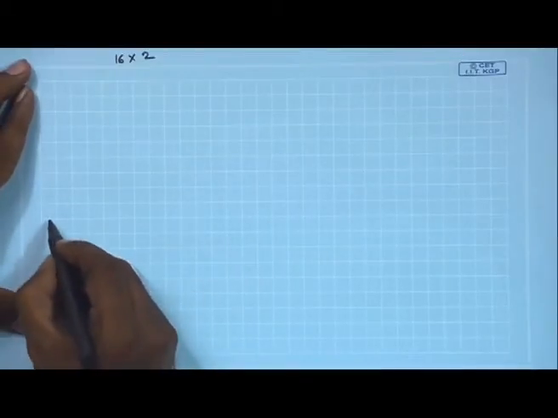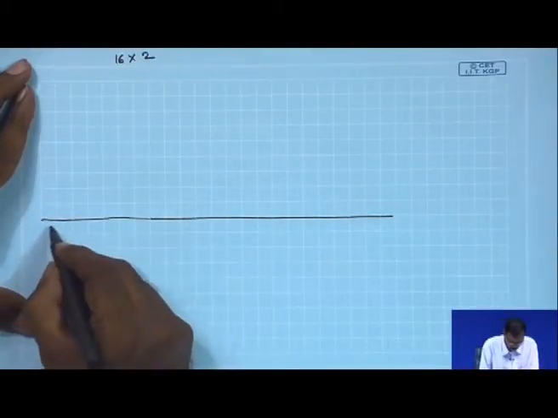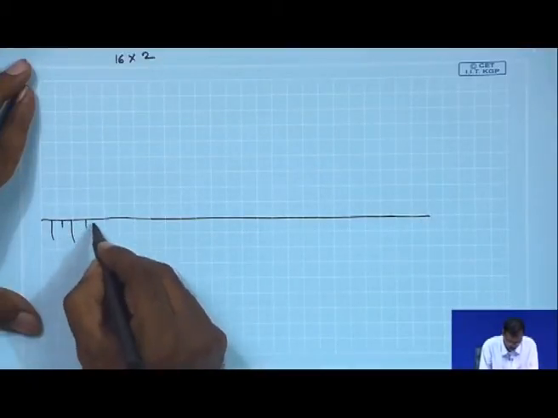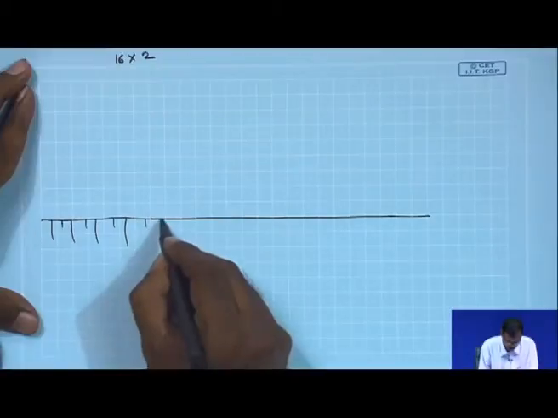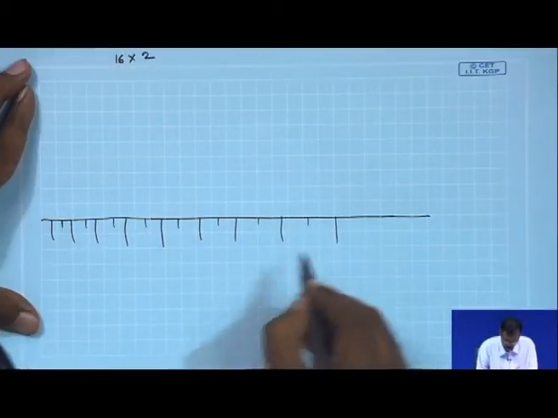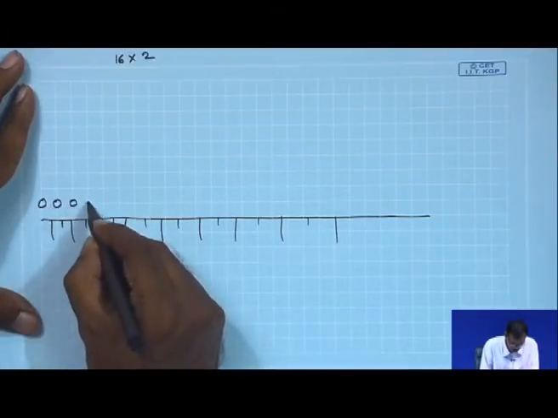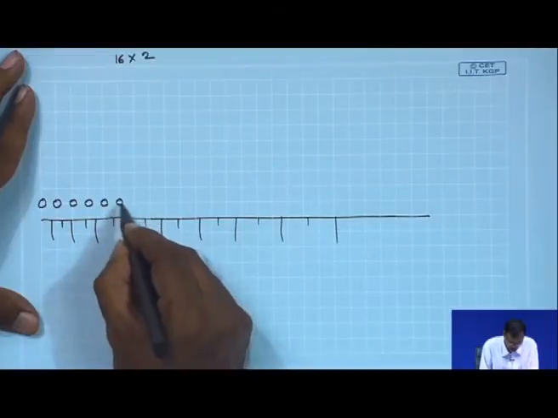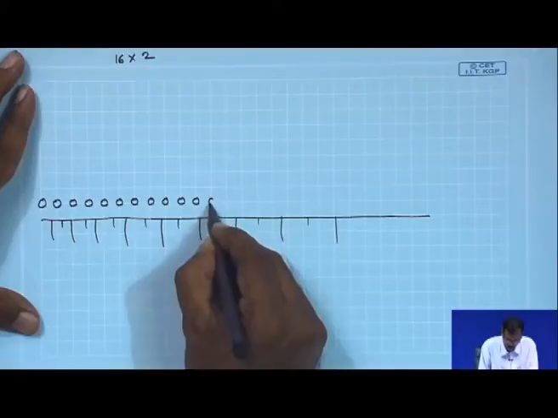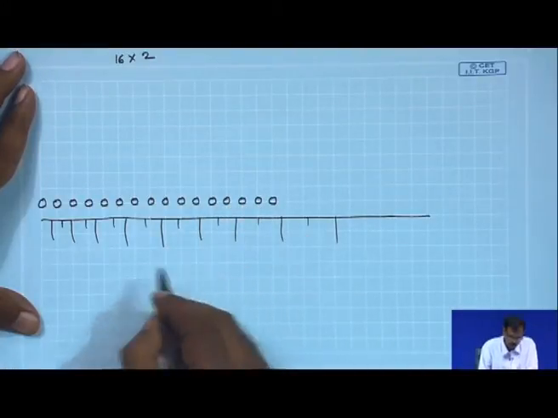So, let us consider this is the free face and these are the holes 1, 2, 3, up to 16 holes.